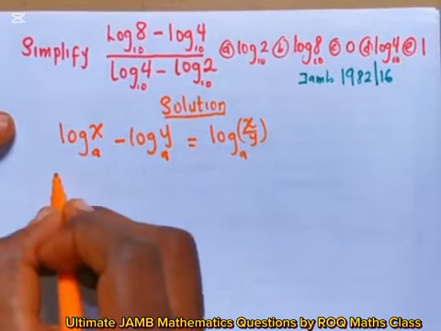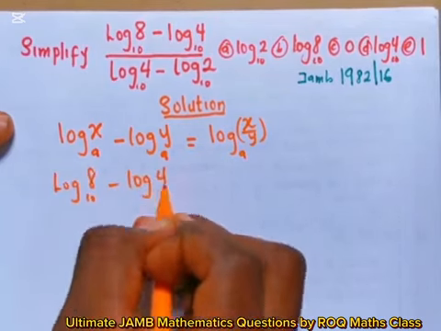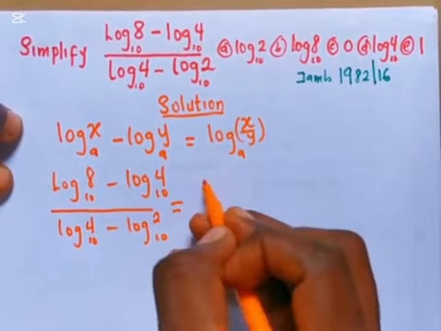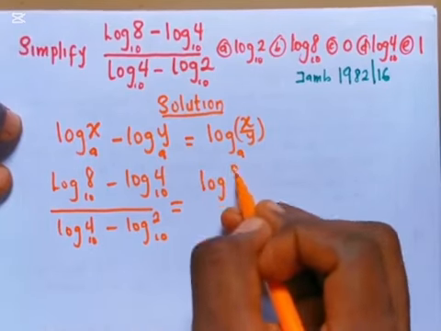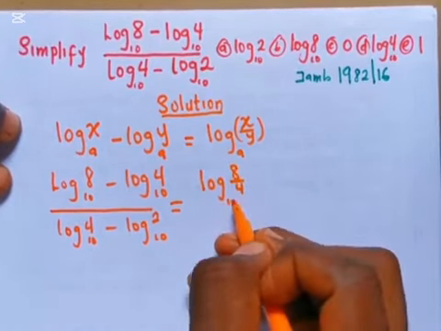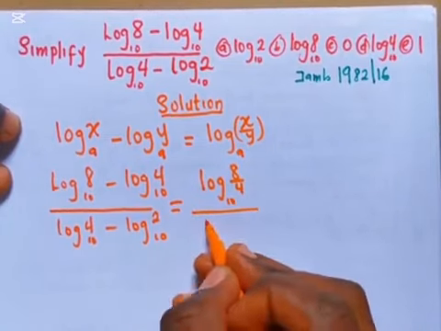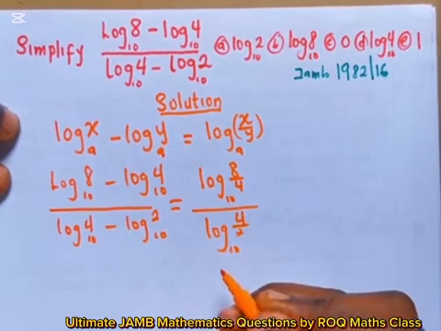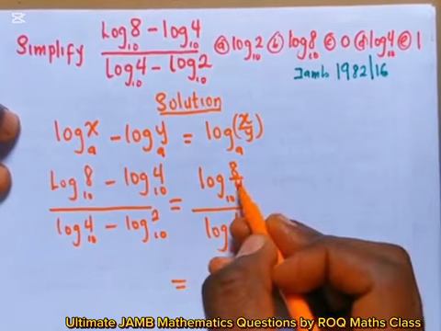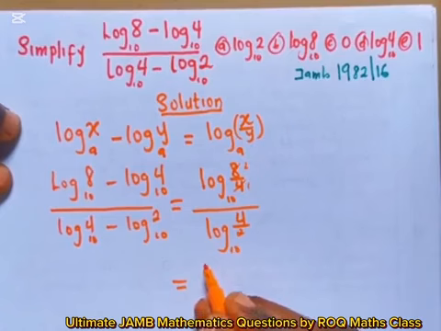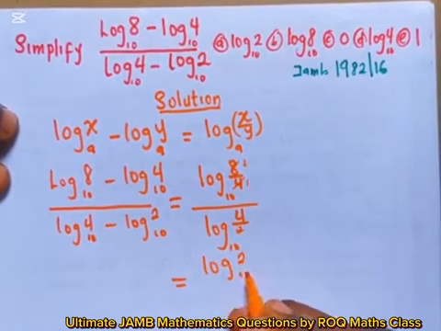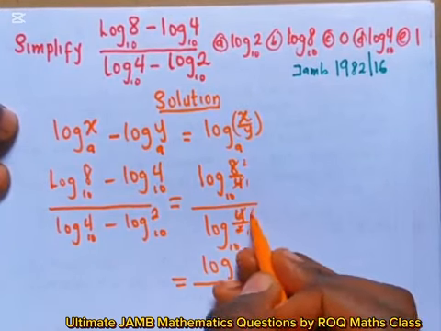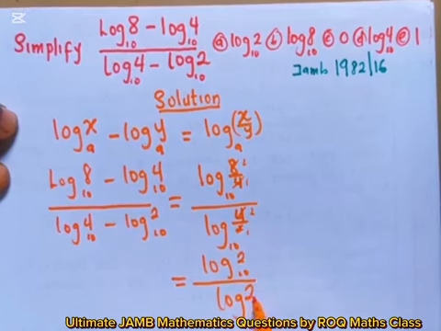So this is equal to the log of 8 over 4 base 10 all over the log of 4 over 2 base 10. So this is the same thing as 4 here, 1, 4 here, 2. I have the log of 2 base 10 all over the log of 2 here, 1, 2 here, 1, which is the log of 2 base 10.